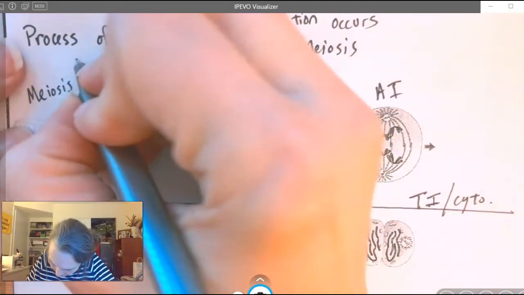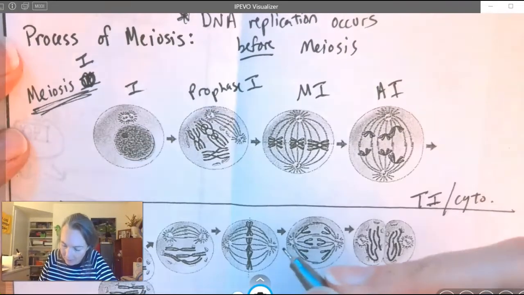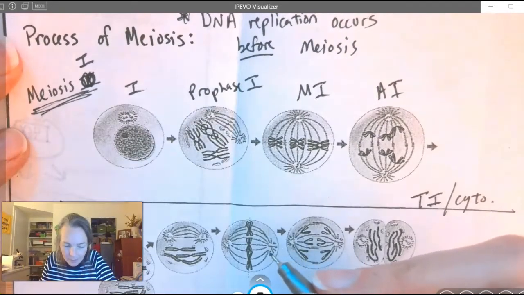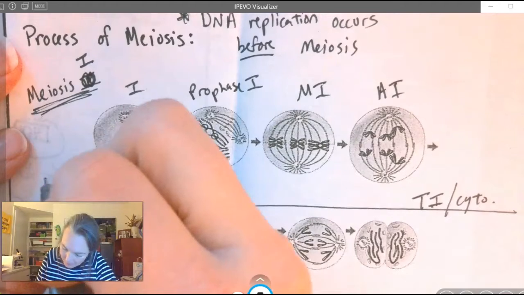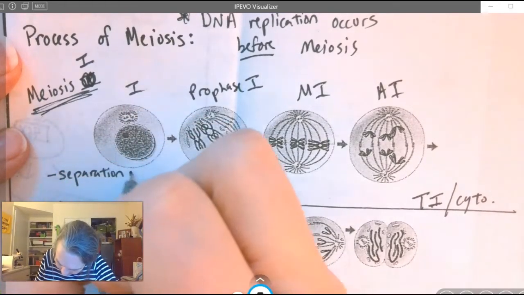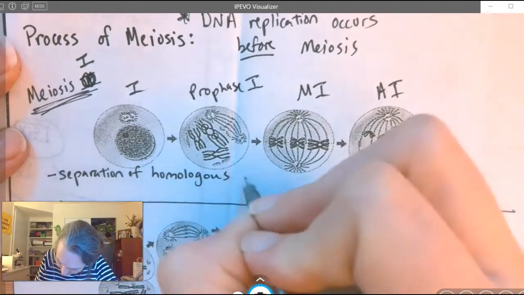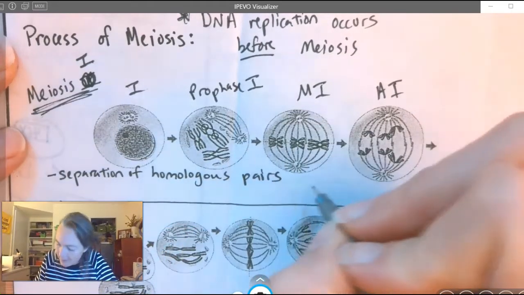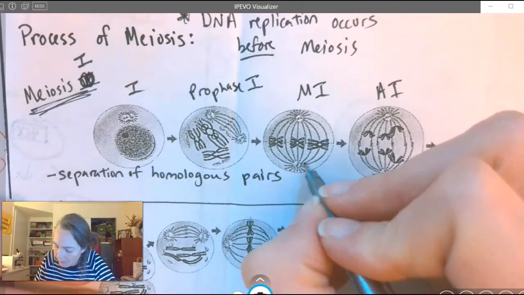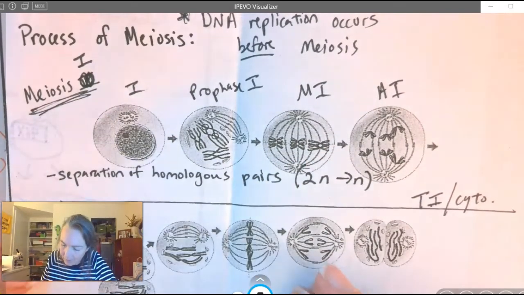That's actually meiosis 1. A lot of important things happen in meiosis 1. First of all, we have separation of homologous pairs. And this reduces the chromosome number from 2N to N. That actually happens in meiosis 1.